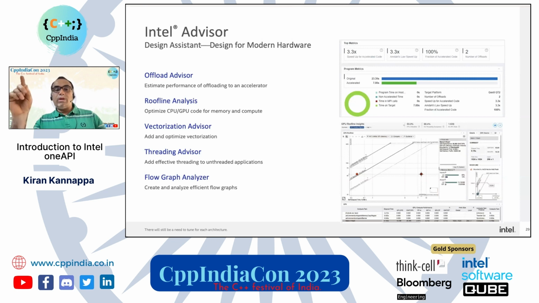For example, the red dot on the slide is that point of operation. The whole intent here is to understand why the red dot is where it is, and then try to see how you can move the red dot upwards towards the roofline so that you're operating closer to the maximum efficiency possible. And that's basically what roofline analysis is.